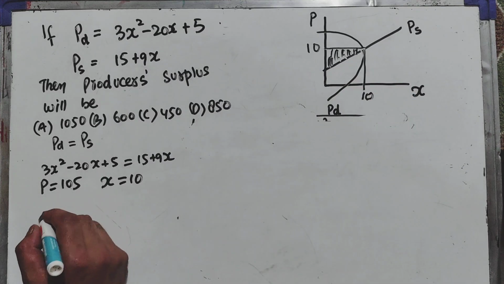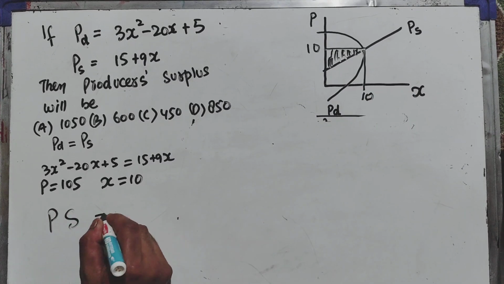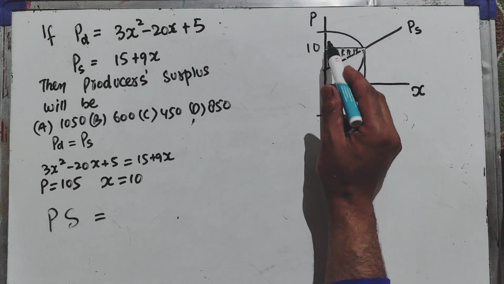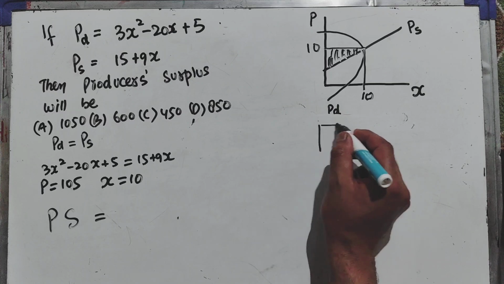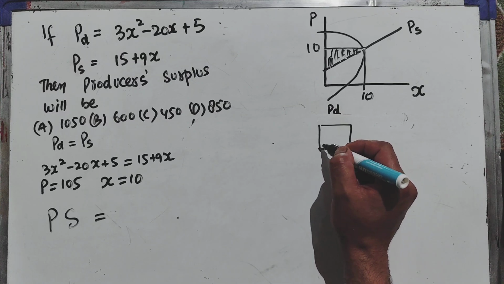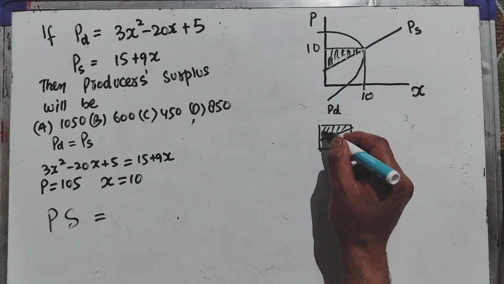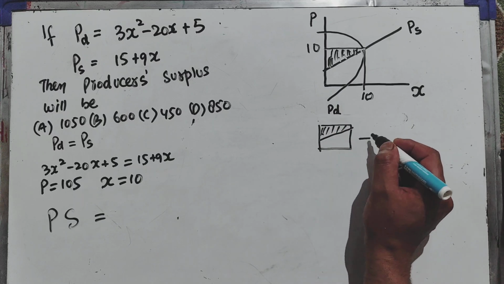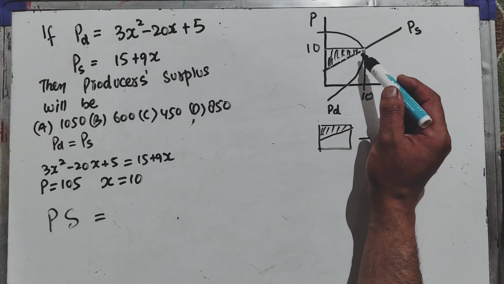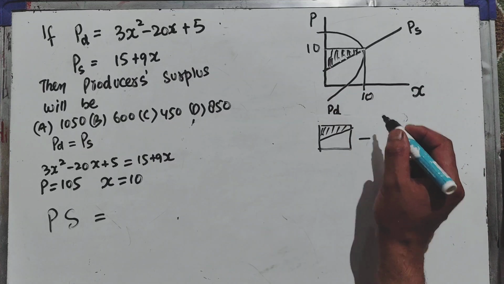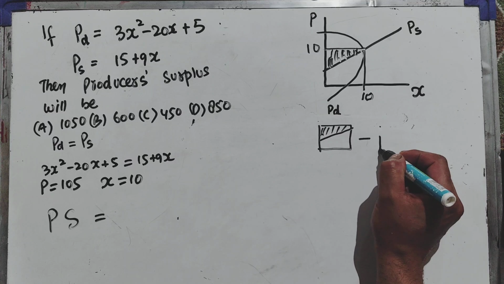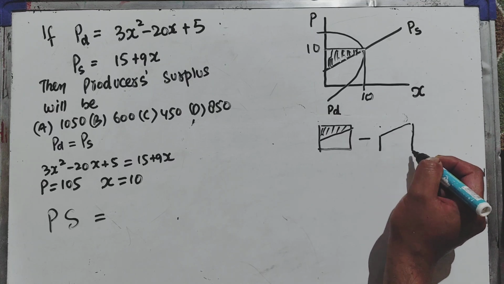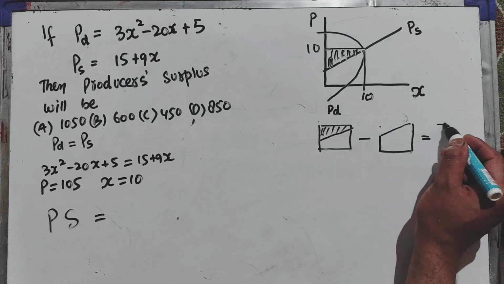So producer surplus, let us denote it by PS, is equal to, first, the area of this rectangular box, the whole area. From this we subtract the area below, this quadrilateral, and we will be left with the triangular shaped region above the curve.